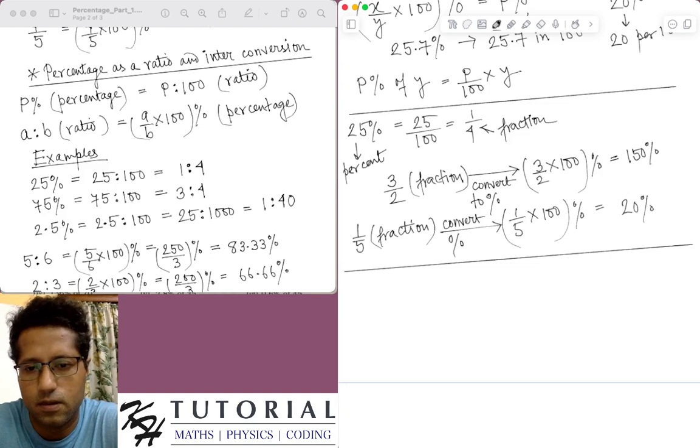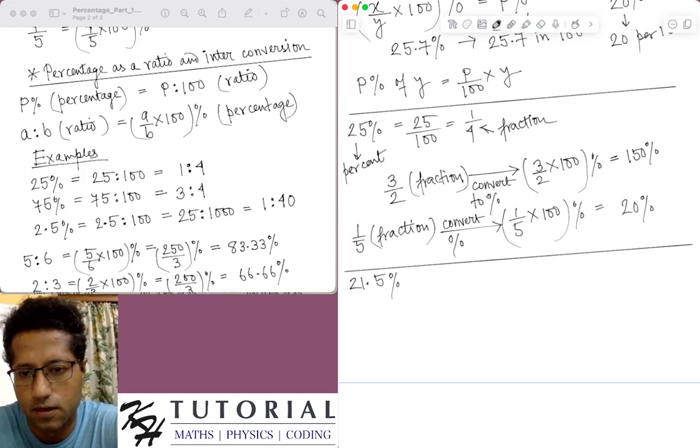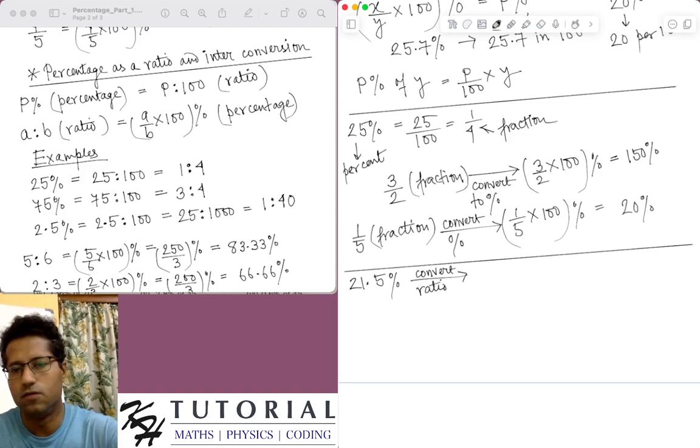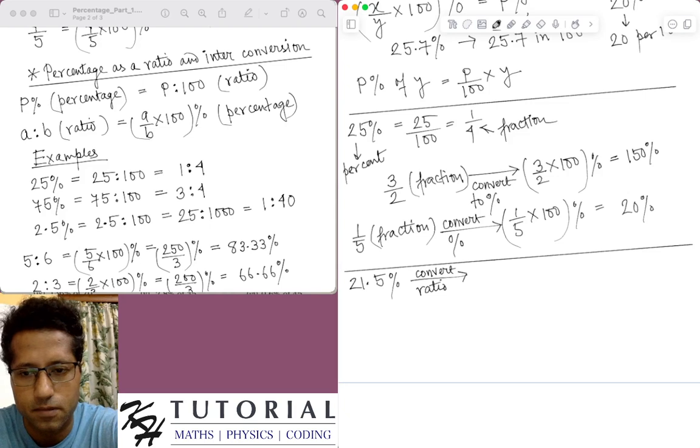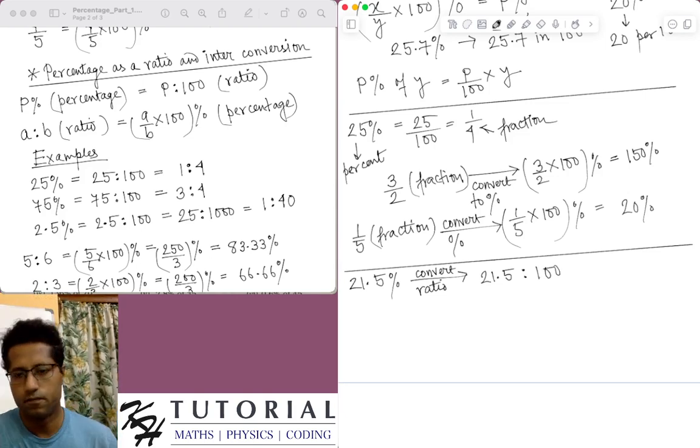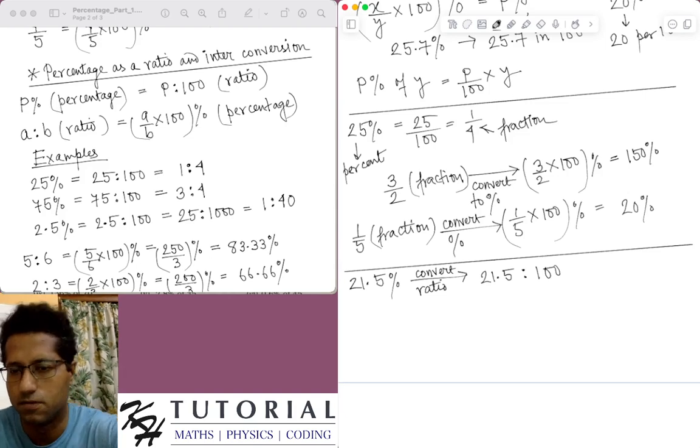So if we have, let's say, 21.5 percentage, and I want to convert it to a ratio, we know that the ratio will have two terms. The first term will always be the percentage value, that is 21.5, and the second term will always be 100. Now you can reduce this ratio further to its simplest form.